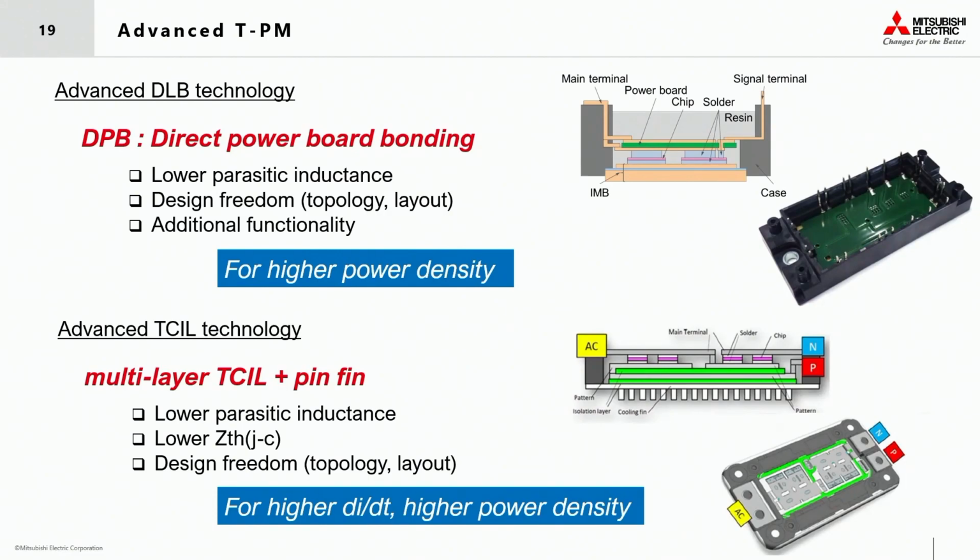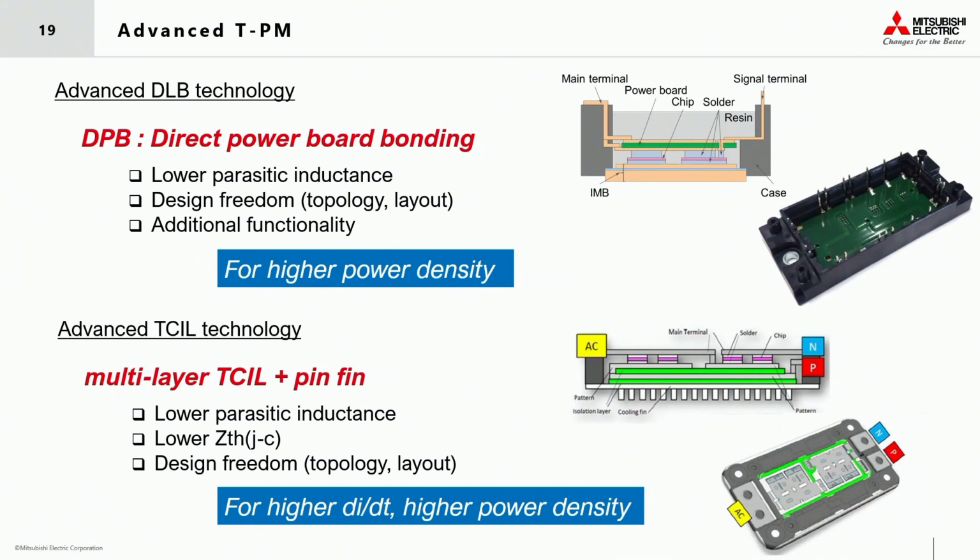Now we are working on further improvement to take advantage of silicon carbide: advanced DLB and advanced thermal conductive insulation sheet, TCIL. As advanced DLB, we propose DPB, direct power board, which utilizes PCB instead of lead frame.